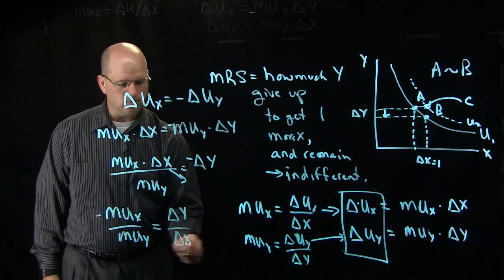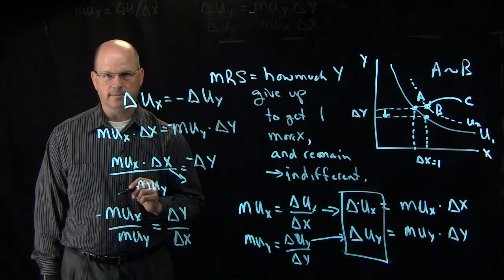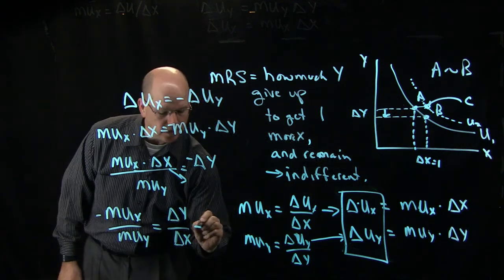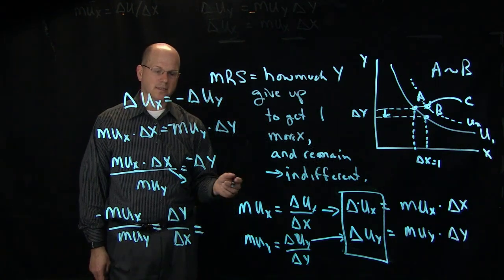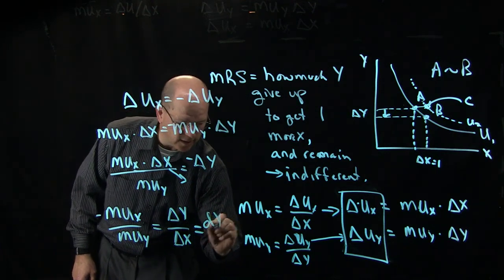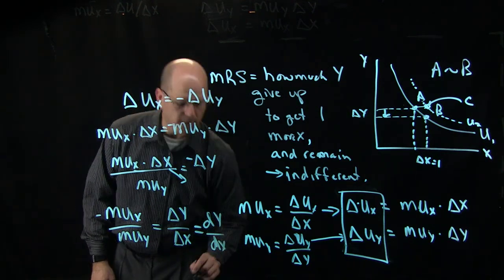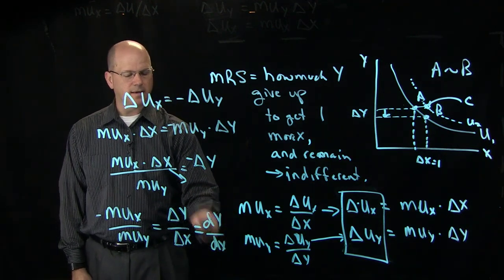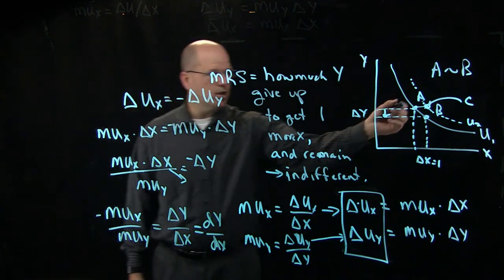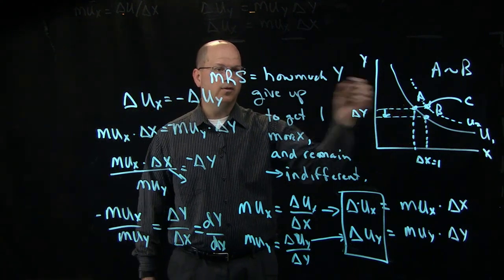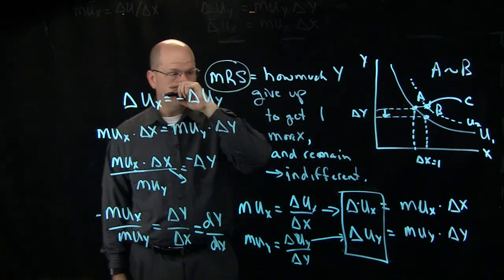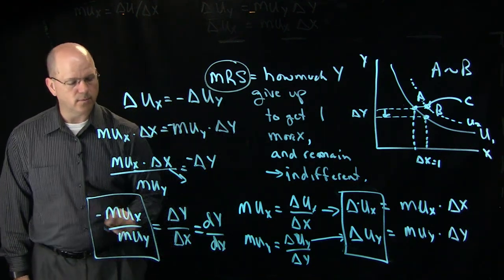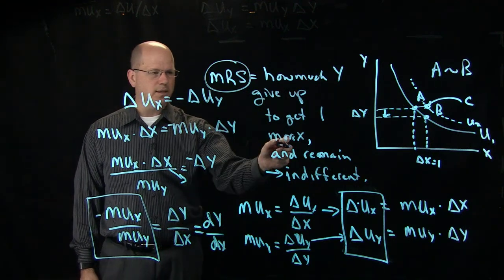Well, what does change in Y over change in X look like? Well, that's the slope back here. And so going back, what is the slope? That is the derivative of Y with respect to X. And so here we see that the derivative or the slope, or what we call the consumer's terms of trade, is equal to the ratio of the marginal utilities.